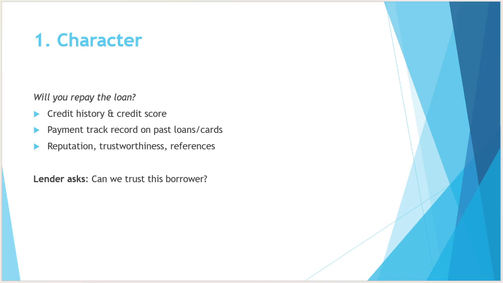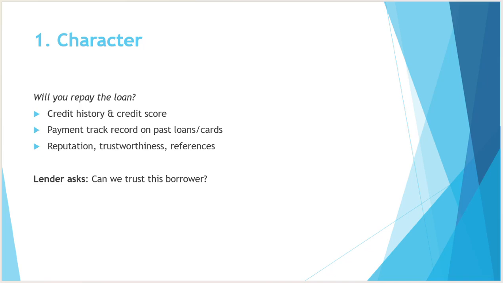We will check the history record in the credit history: will the borrower pay on time, does the borrower have a good history, and how much existing loan does the borrower have. We check that in character, along with reputation, trustworthiness, references, and income.